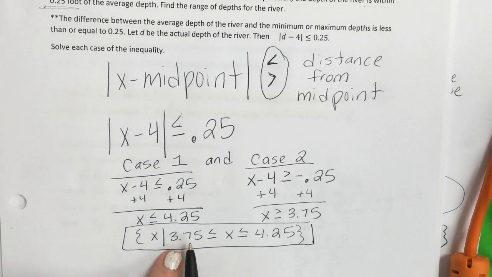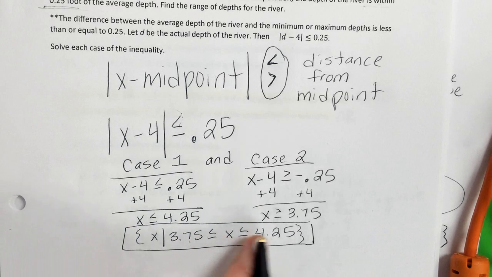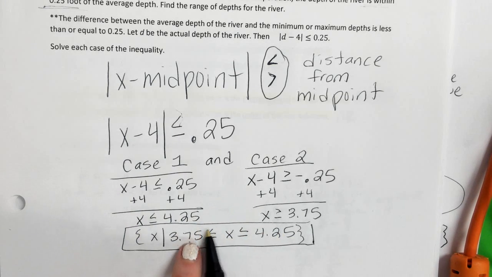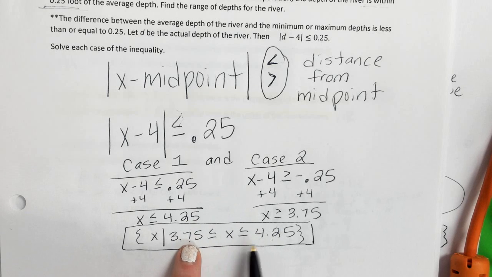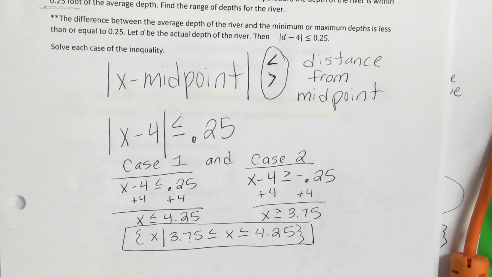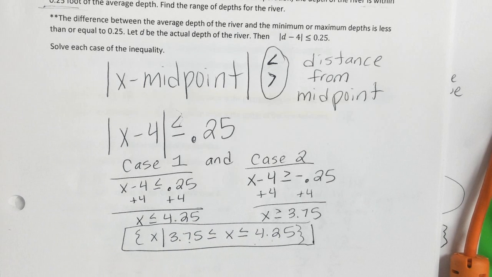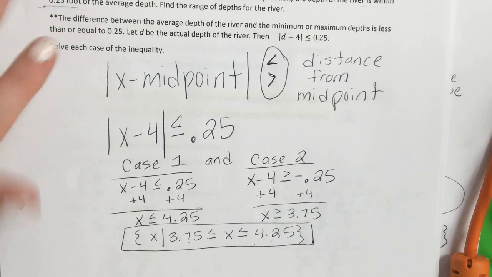It's going to be the smaller number, x, the bigger number. Okay, it's between these two numbers. Okay, so if you've forgotten that formula, make sure you rememorize it, because you will need it.